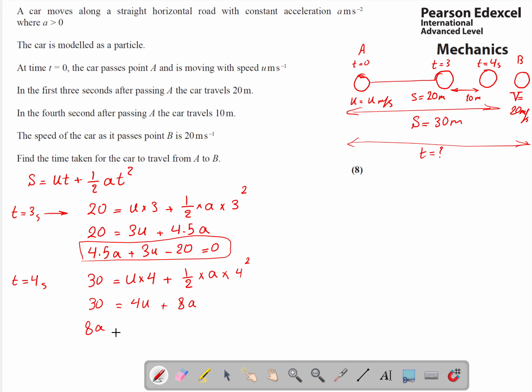So 8a plus 4u minus 30 equals 0. This is my second equation.